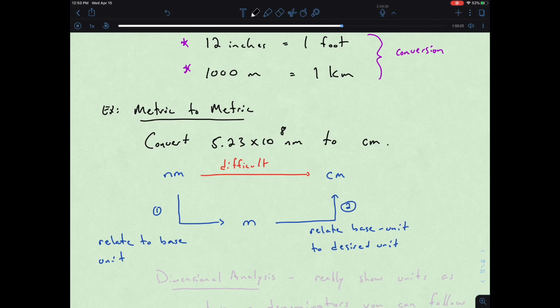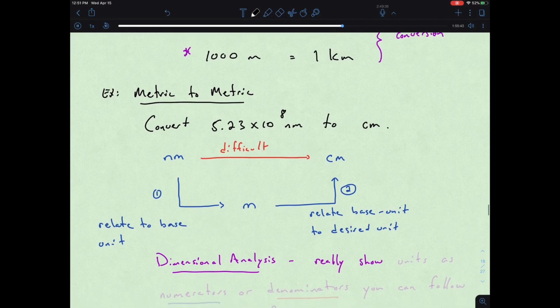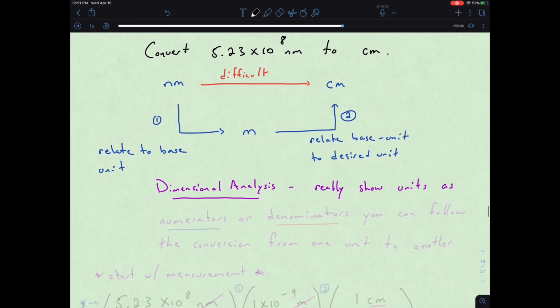So this is where this notion of dimensional analysis comes into play, where if we really show units as numerators or denominators, you can follow the transformation or follow the conversion from one unit to another.